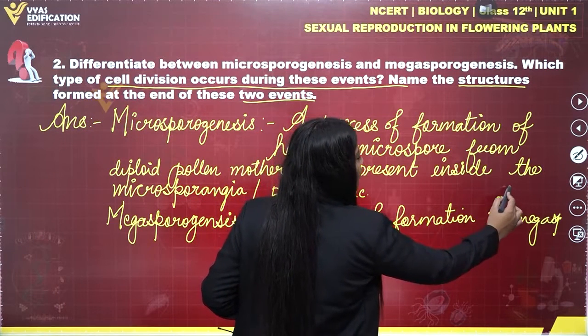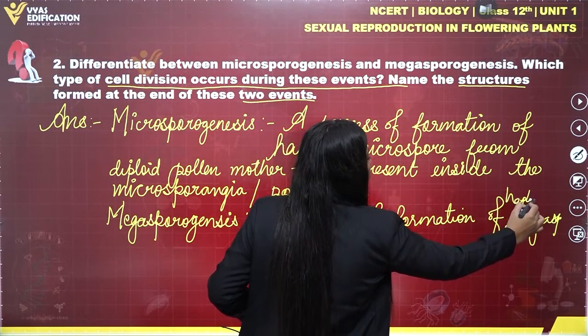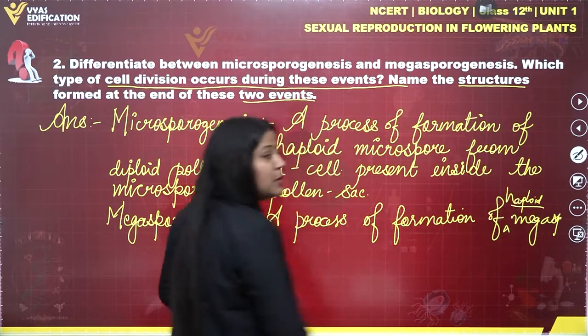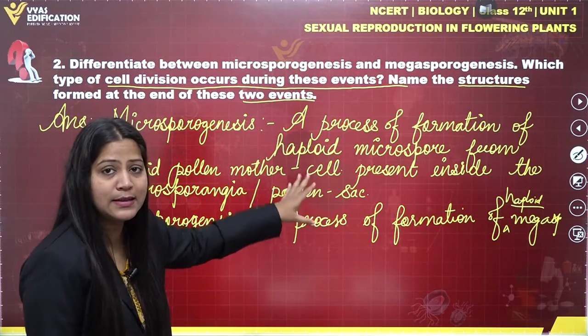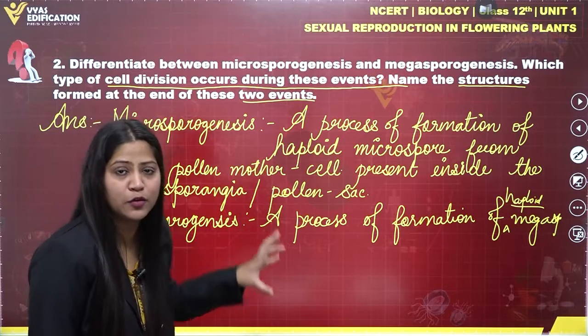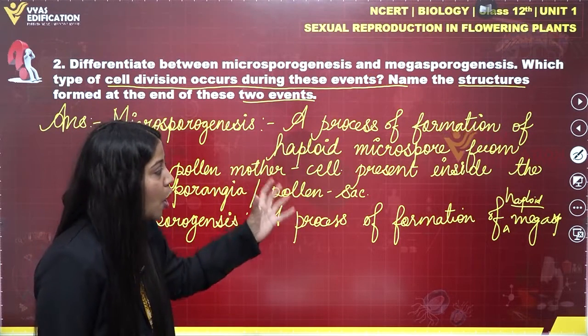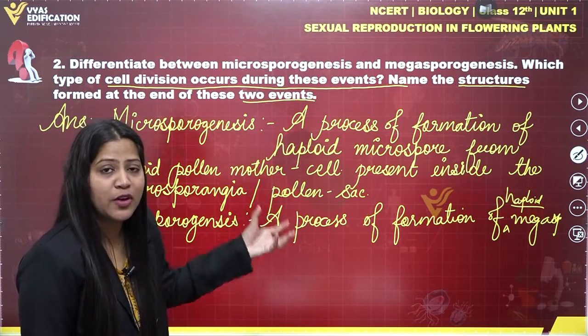Haploid because the megaspores are formed from the meiotic division. So always these gametophytes, microspore or megaspore, are spores which are haploid in nature.